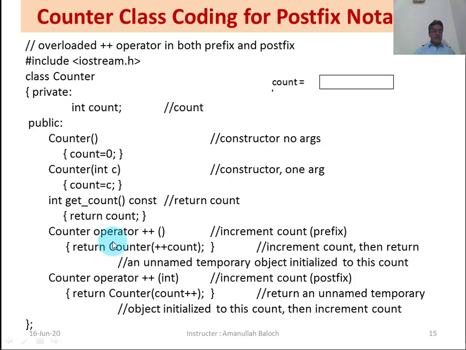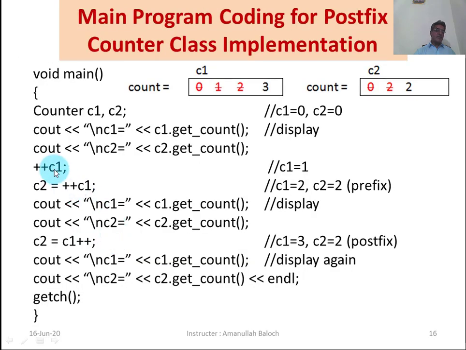Here the value of the nameless object will be returned, but it will not be displayed because we are not using it here. It will just be discarded, but the status of count with C1 becomes 1 from 0.